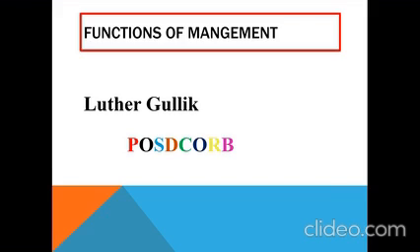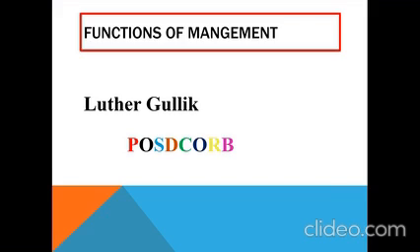POSDCORB. There is a widely accepted mnemonic, that is POSDCORB. You can write this mnemonic even in your exam paper. So POSDCORB means P stands for planning, O organizing, S staffing, D directing, CO coordinating, R for reporting and B for budgeting.